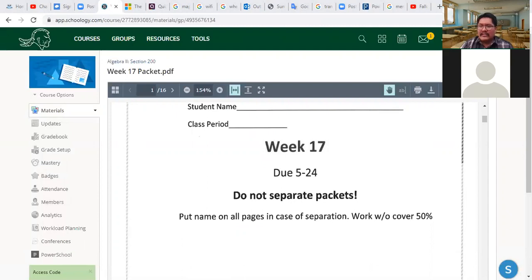Once it's turned into the school building, it can take up to a day for us to get it sorted out. It's usually sorted by some of the front office or the library people, and then they have to give it out to the teachers, who usually have to make time to go down there and pick it up. So it does take a little bit of time, and then we grade it and turn it back in.